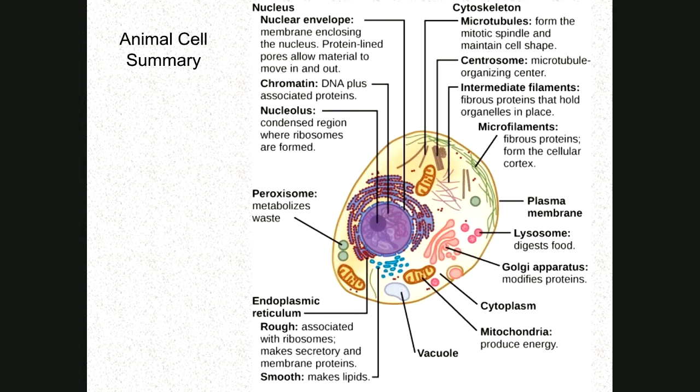So let's recapitulate. Animal cells, summary. We have a nucleus, nuclear envelope, chromatin, nucleolus, which is in continuity with the rough endoplasmic reticulum. We have the Golgi apparatus.